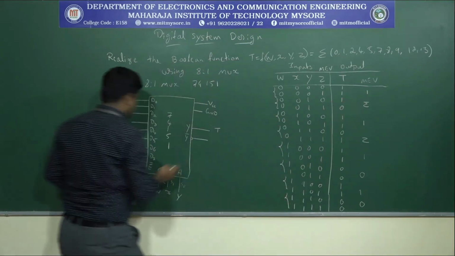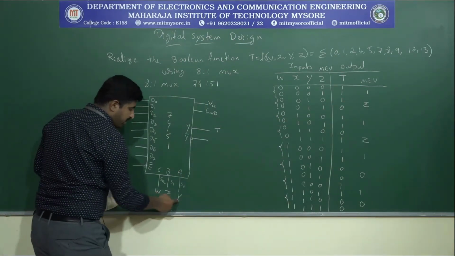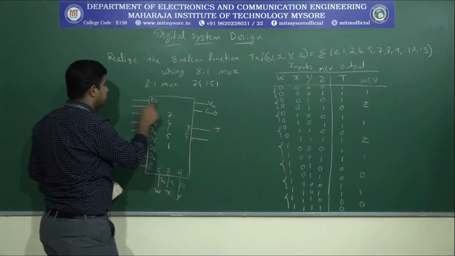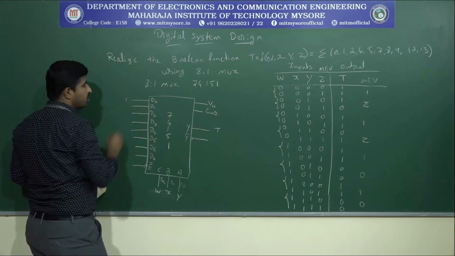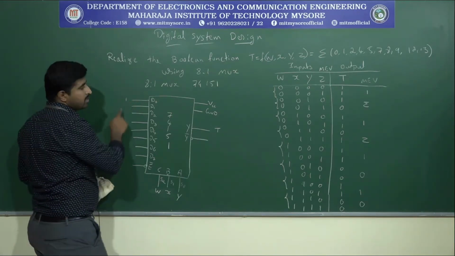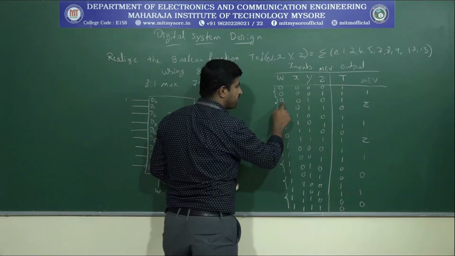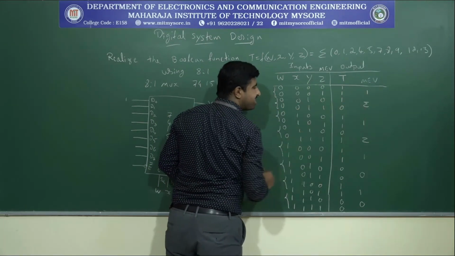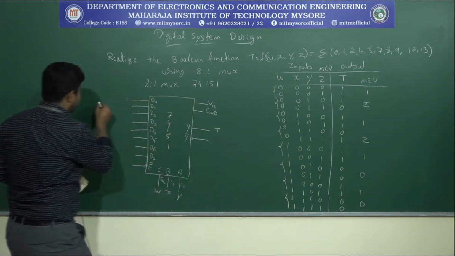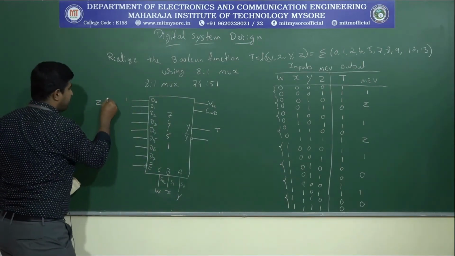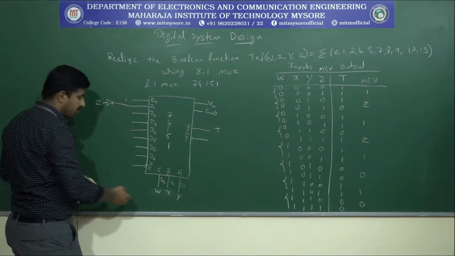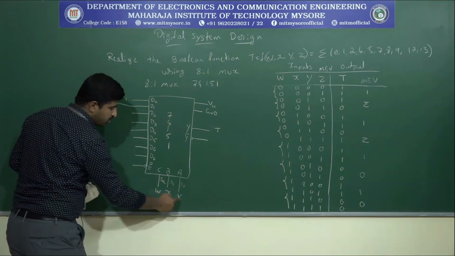And see, when the inputs WXY are 0 0 0, the output must be 1. We know that when WXY are 0 0 0, D0 is connected, so D0 must be connected to the logic 1. Similarly, for the next combination 0 0 1, the output must be the complement of the Z. So we take the input Z, and the complement of that will be connected to D1.